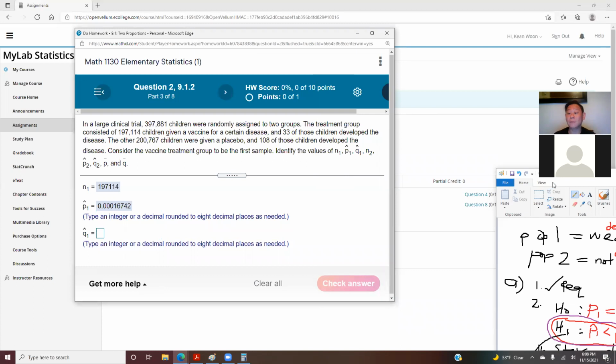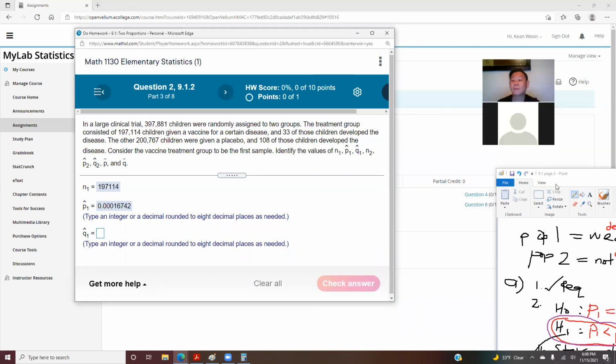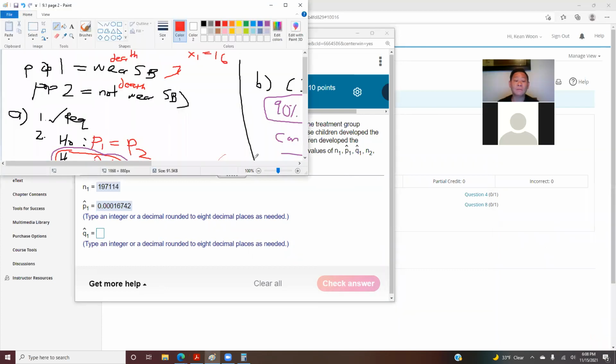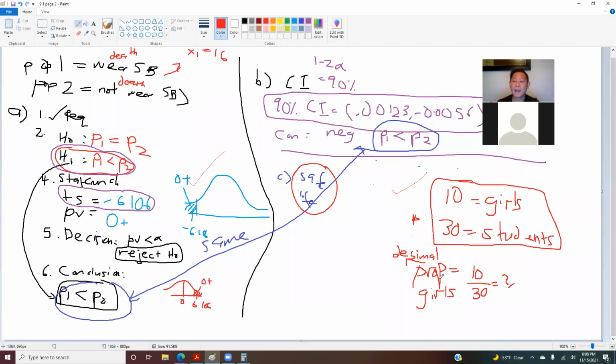Like if I use my calculator and figure this one out, and let's say this is 0.4. This is your p hat, right? Can you tell me what q hat is in this case?